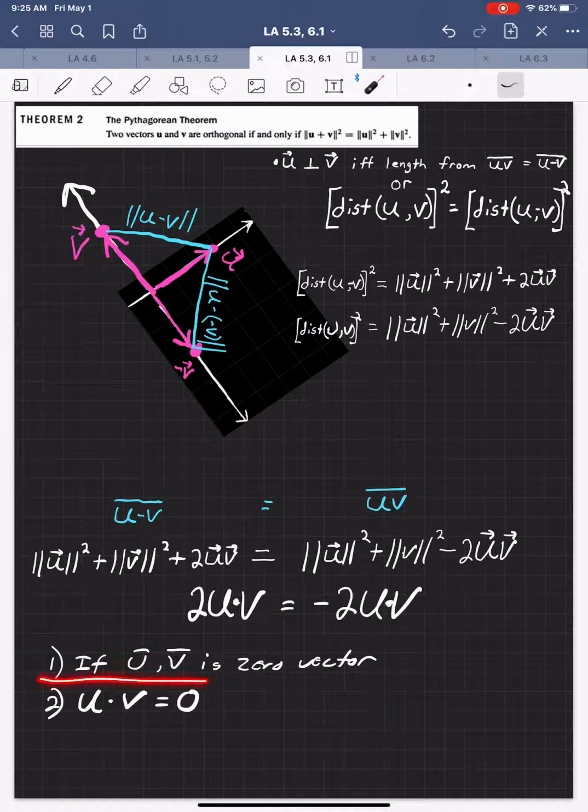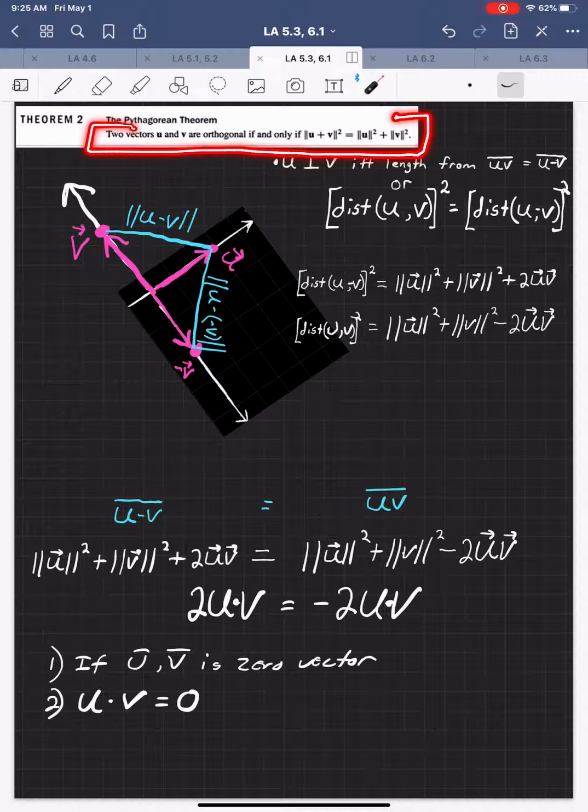That's what we said at the beginning of the semester, first week, when we were talking about dot products. When the dot product is 0, you have orthogonal vectors. And now we're making a statement. Look, two vectors are orthogonal if and only if the magnitude of u plus v squared is equal to the magnitude of u squared plus the magnitude of v squared.